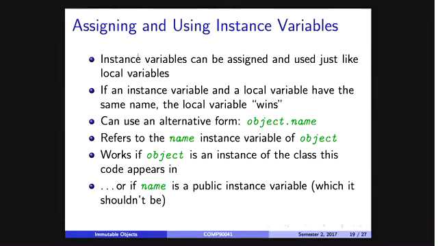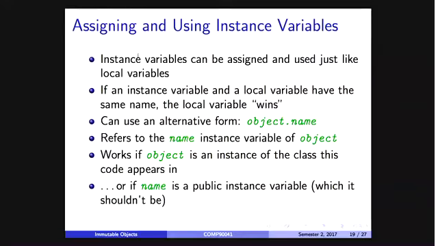Now, in order to access the instance variable, in order to be able to refer to it at all, it has to be visible to that line of code where we're trying to refer to it. If we make it private, that means it's visible only inside that class.